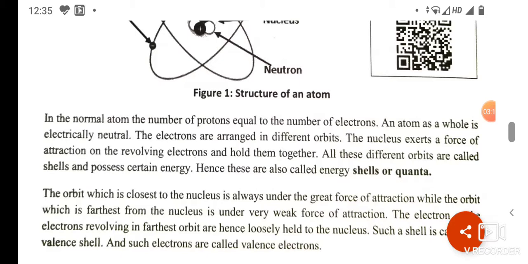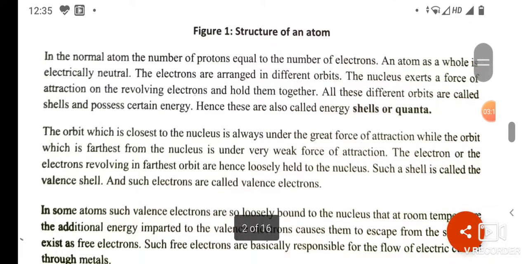But the outermost shell, which is called the valence shell, has electrons which are not tightly packed due to the weaker force of attraction from the nucleus.